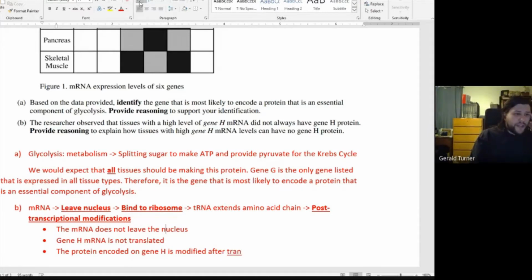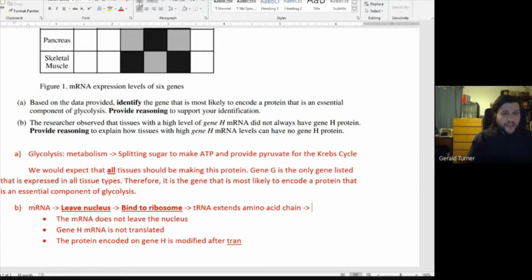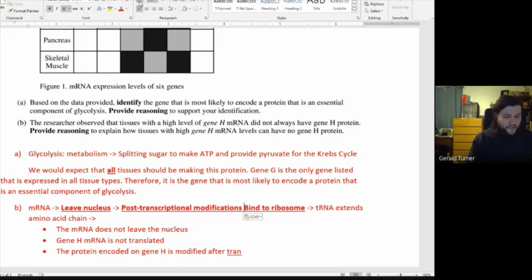Oh, actually, I apologize. I got this backward. So, excuse me just a second. Shows that I've had a long day here. Those post-transcriptional modifications, that would actually be over in this section here.